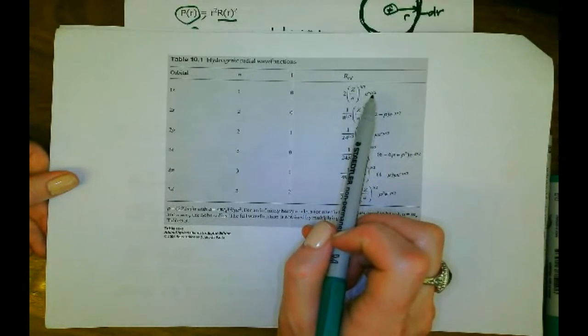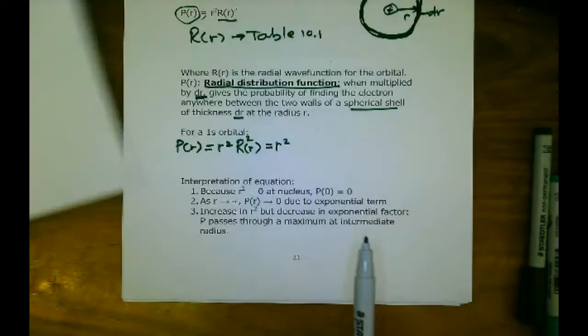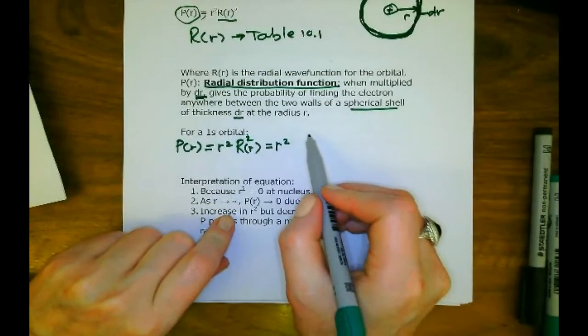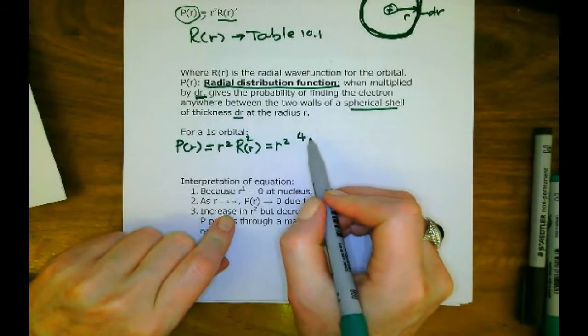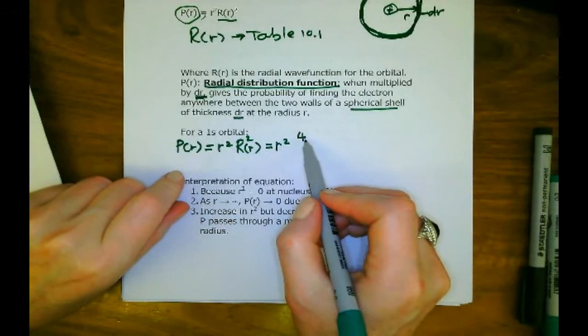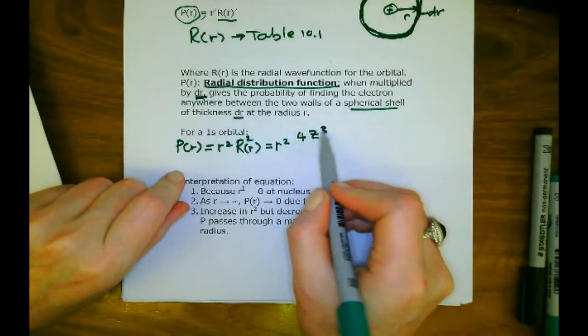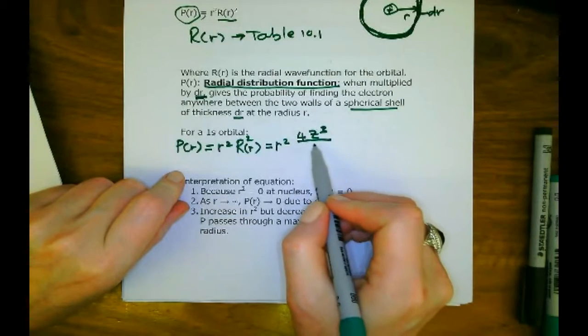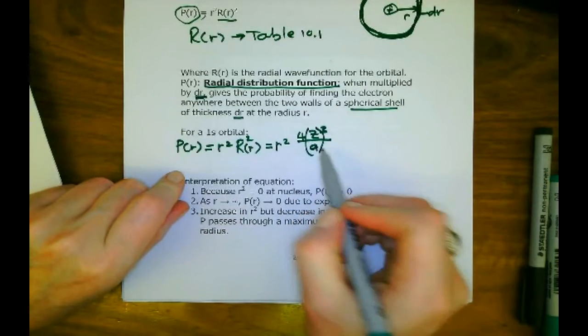That will be to the power 3, and that will be to the power minus rho. So that becomes 2 squared becomes 4, Z to the power 3 over a.